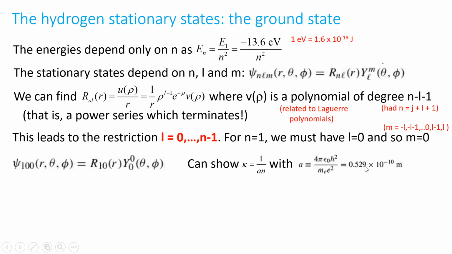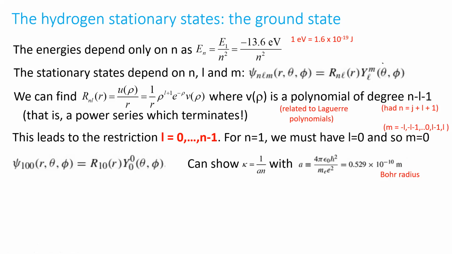It's called the Bohr radius, and it's really sort of the average size of the hydrogen atom. Now that varies with the state the hydrogen atom is in, but it's thought of as the characteristic size of the hydrogen atom, about 0.5 times 10 to the minus 10 meters, so 0.5 angstroms.